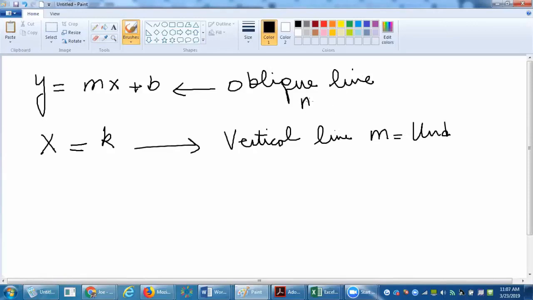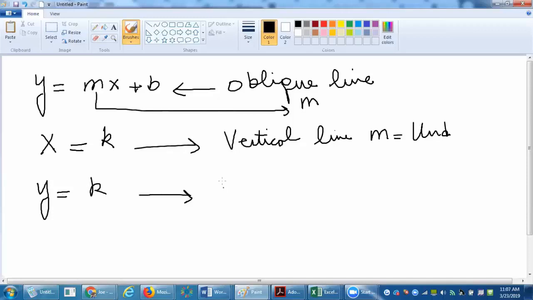Here the slope is m. Whatever is the coefficient of x would be the slope. On the other hand, y equals k, another constant, would be a horizontal line with m equals 0.